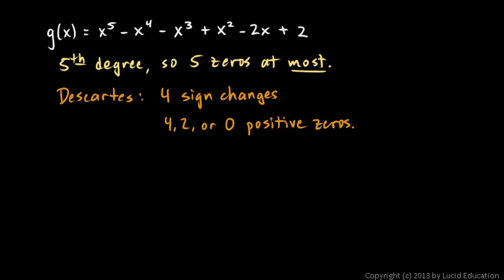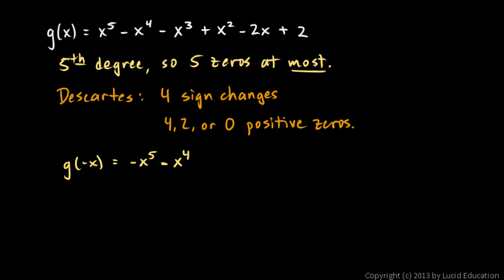Then we can also analyze g of negative x. Let's write this down. G of negative x would be x to the fifth, and if we put in negative x, that becomes a negative x to the fifth. With the minus sign and a negative x, the even power still keeps it as x to the fourth.